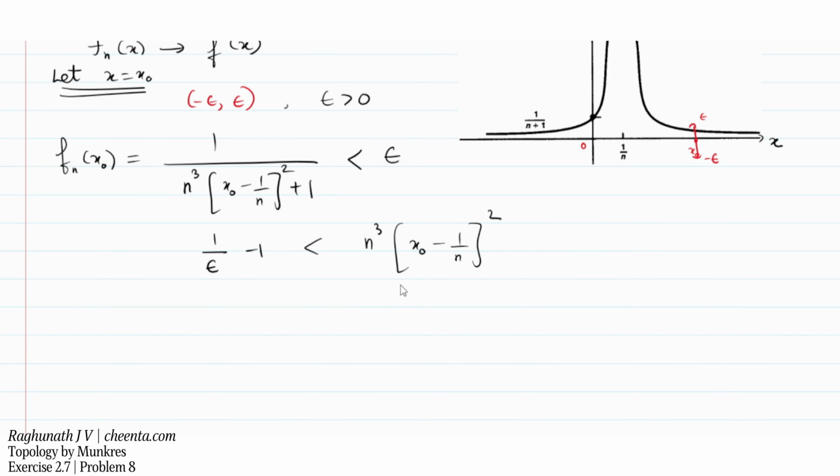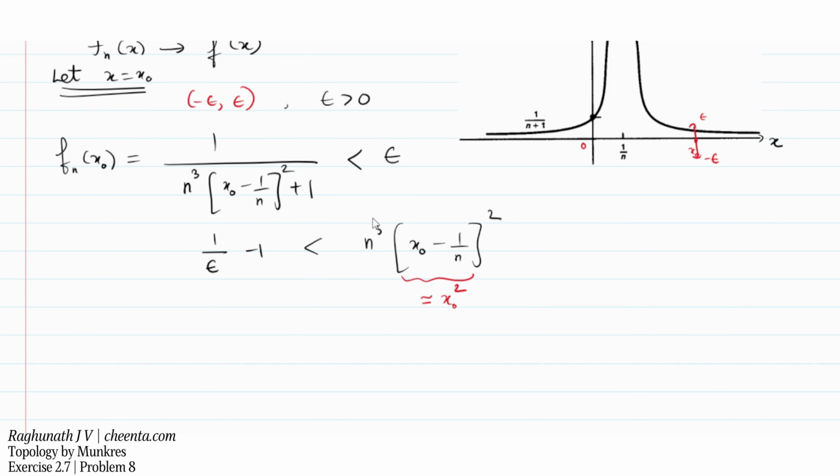Now notice that for sufficiently large n value, the entire thing can reach a very large value, right? That is more than 1 by epsilon minus 1. The reason is because for sufficiently large n, this is almost equal to x naught square.